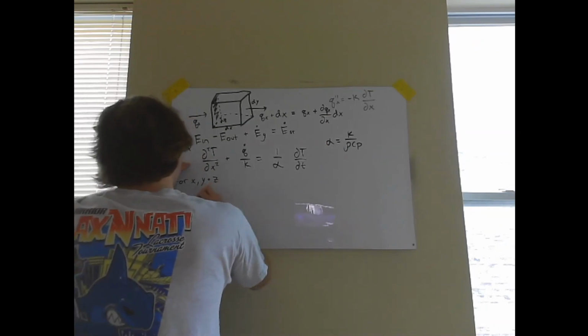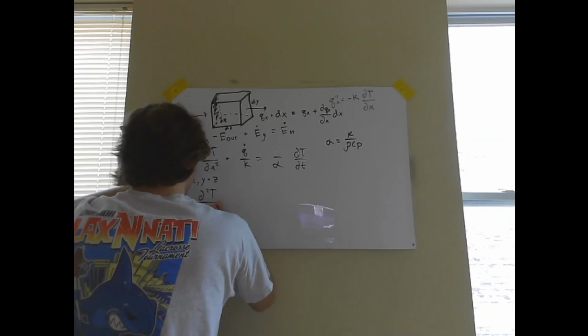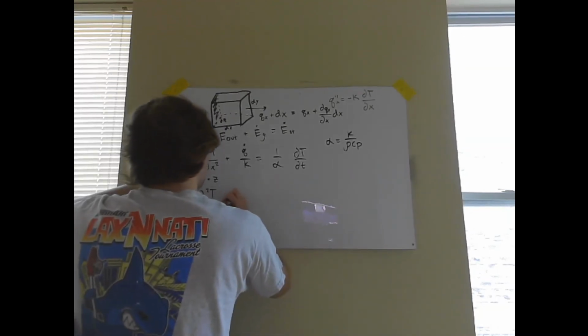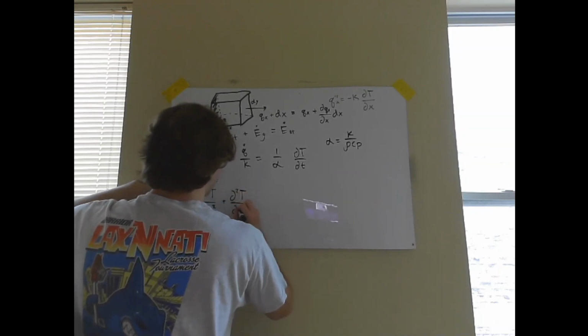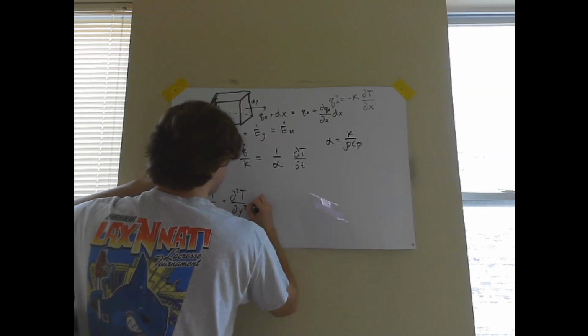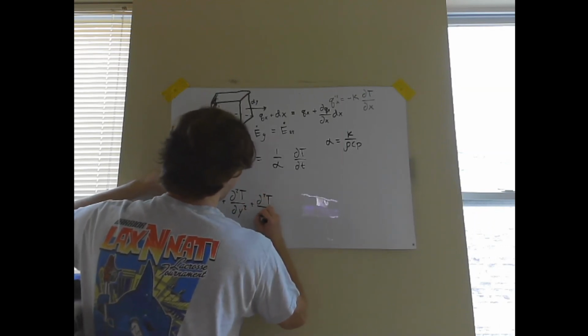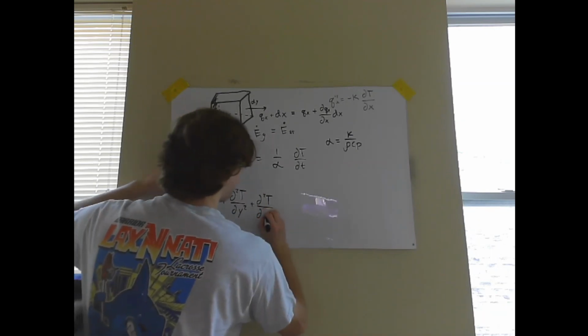And so all we need to really incorporate is the second partial derivative with respect to the y and the z directions. And so for this equation in all three directions, we'll have the second partial derivative of temperature with respect to x, the second partial derivative of temperature with respect to y, plus the second partial derivative of temperature with respect to z.